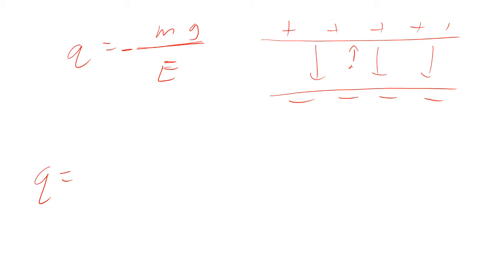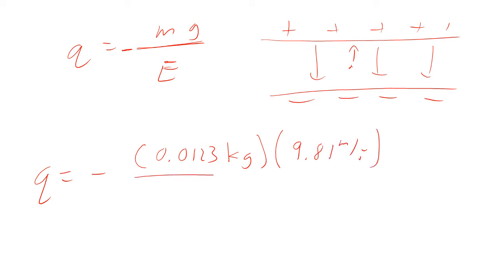So Q minus, okay, the mass was 12.3 grams, so that's 0.0123 kilograms, g 9.81 meters per second squared, and then E, that was 6750 newtons per coulomb.